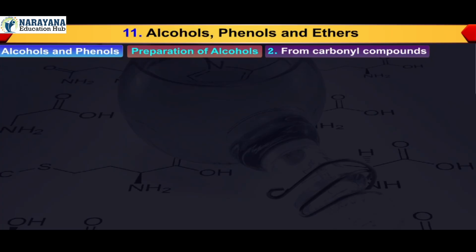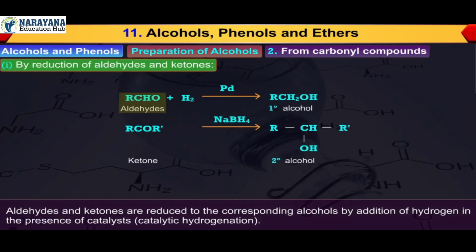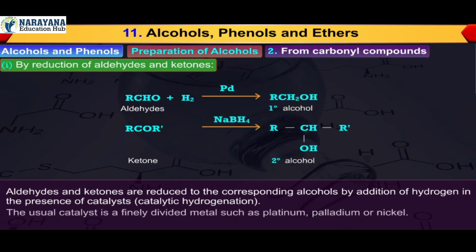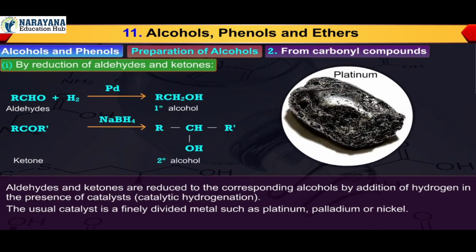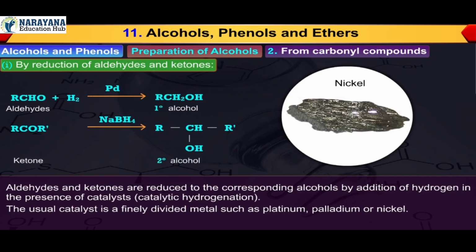Number 2. From carbonyl compounds. 1. By reduction of aldehydes and ketones. Aldehydes and ketones are reduced to the corresponding alcohols by addition of hydrogen in the presence of catalysts, that is, catalytic hydrogenation. The usual catalyst is a finely divided metal such as platinum, palladium, or nickel.